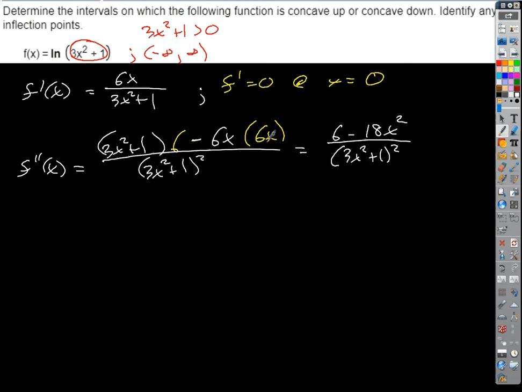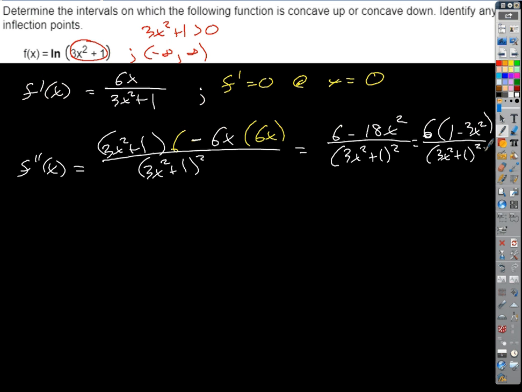Yes, right? Okay, so then we could factor that, and that's going to be 6 times 1 minus 3x squared. Is that right? Over 3x squared plus 1 squared.